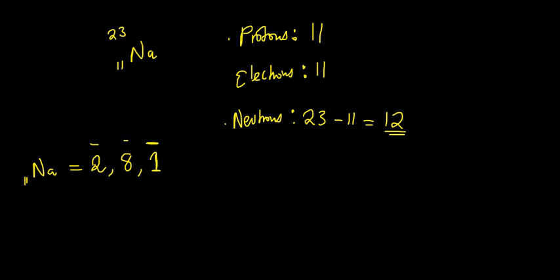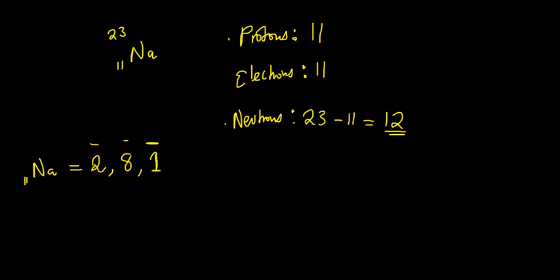I need 8. Now remember, we said that the third shell can have a maximum of 18 electrons. But to be stable, for the first 20 atoms in the periodic table, it is going to have 8 electrons in the outermost shell. So what are we going to do?